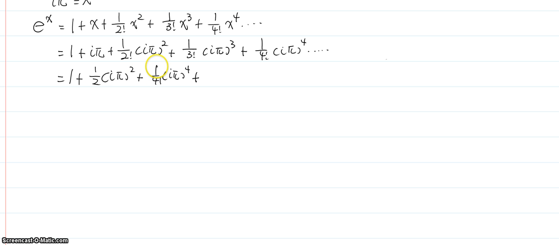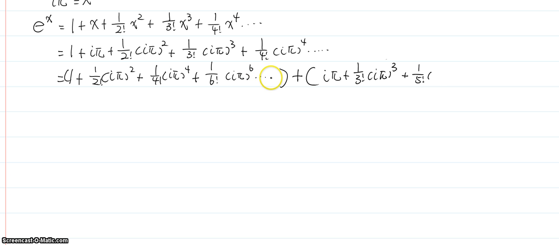Notice I'm putting all the even factorials in one group and all the odd factorials in another group. This is group 1 and this group continues. And since this is all plus, the second group is i pi plus 1 over 3 factorial (i pi) to the third plus 1 over 5 factorial (i pi) to the fifth, and this keeps going too.